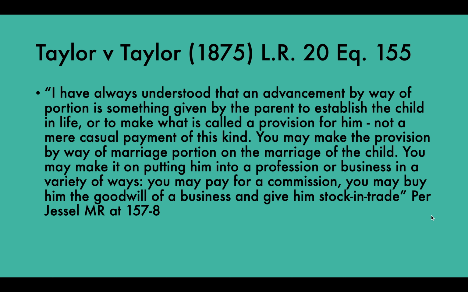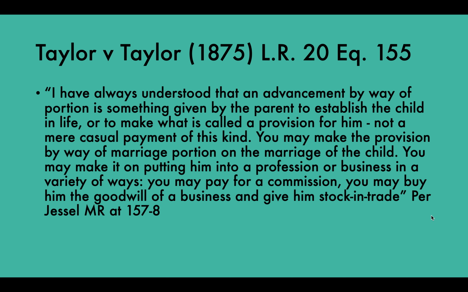You may make it on putting him into a profession or business in a variety of ways. You may pay for a commission, you may buy him the goodwill of the business and give him stock in trade. So this case says you don't give an advancement simply because you feel like it, but you have to have a reason behind it and it must benefit the beneficiary.